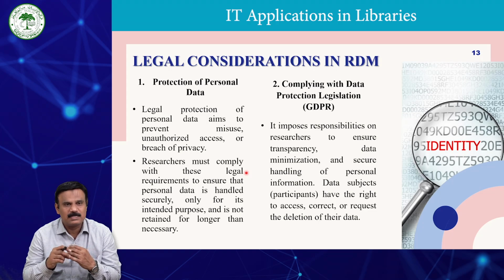Legal protection of personal data aims to prevent misuse, unauthorized access, or breach of privacy. Researchers must comply with these legal requirements to ensure that personal data is handled securely, only for its intended purpose, and it is not retained for longer than necessary.